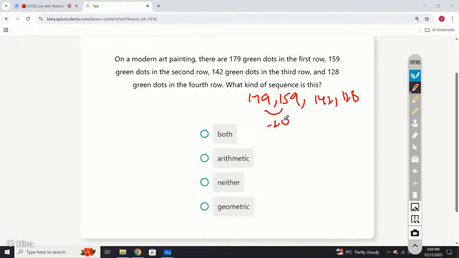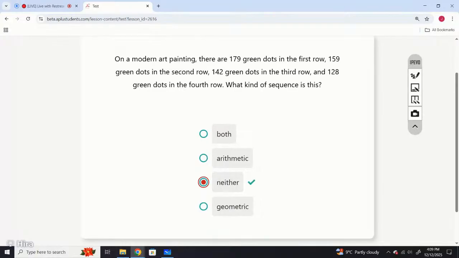So 179 is decreasing by 20. So that is neither arithmetic nor geometric. The correct option is neither arithmetic nor geometric.